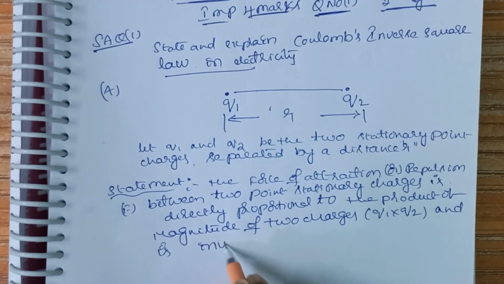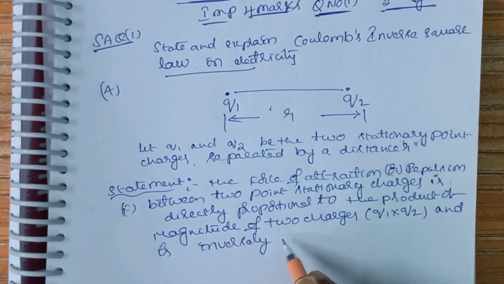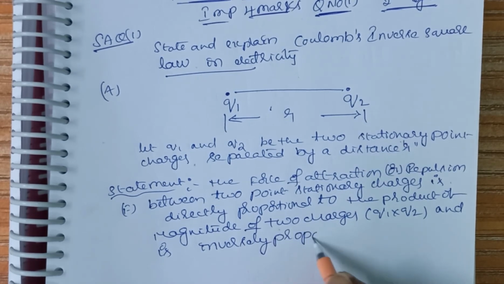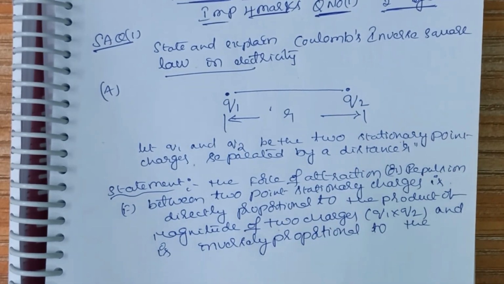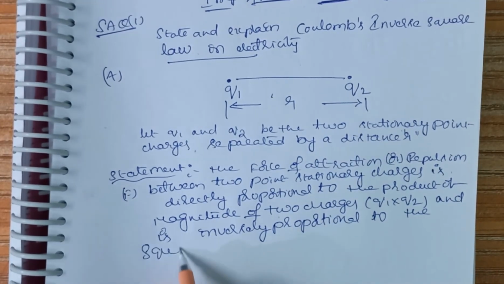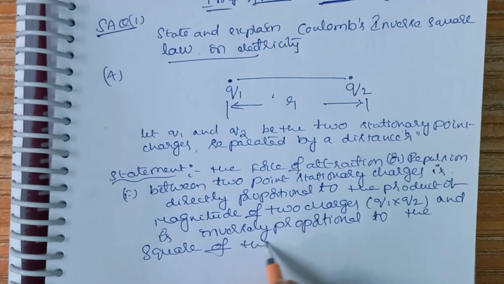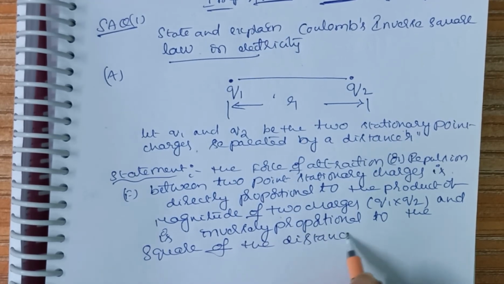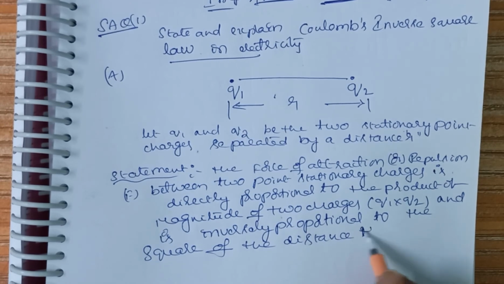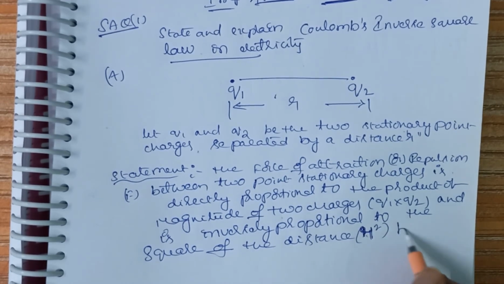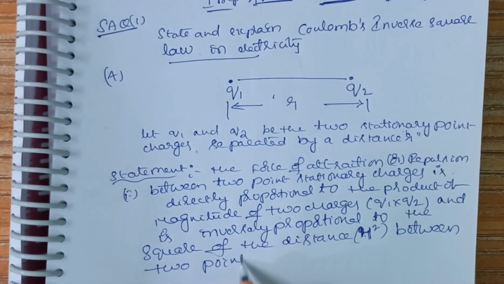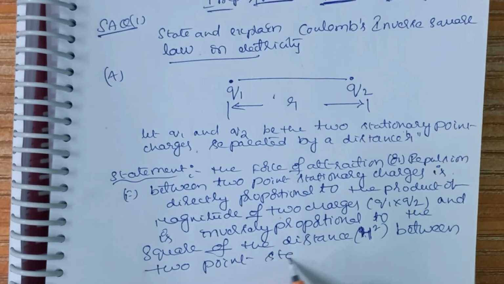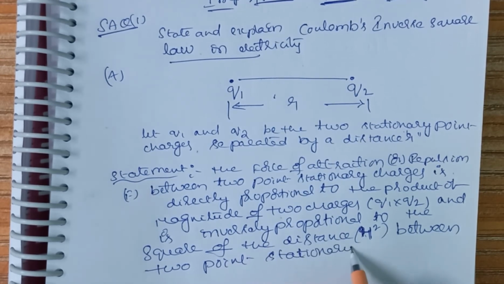is inversely proportional to the square of the distance, denoted by r square, between two point stationary charges.